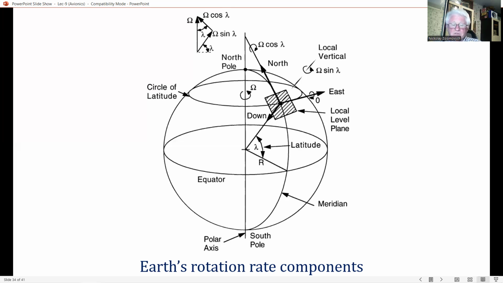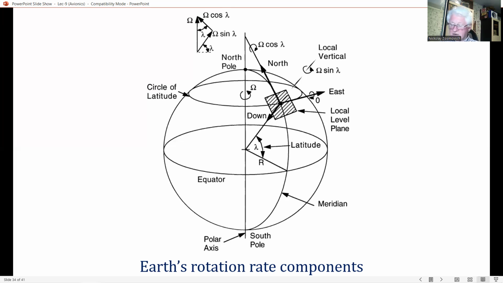This figure illustrates the basic Earth reference axis frame, generally referred to as a local level north slave axis frame, or a north-east-down axis frame, NED.